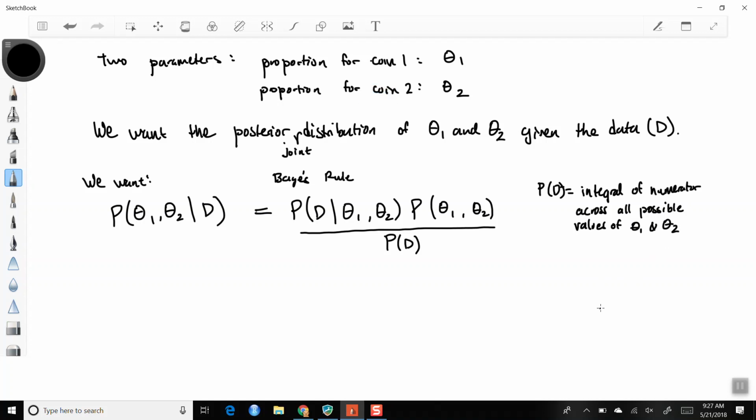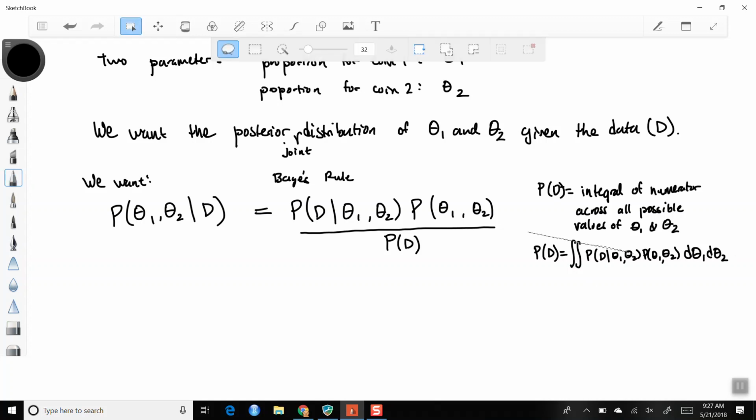So I'll put the math here. The probability of the data would be the double integral of the numerator, probability of data given theta 1 comma theta 2 times the probability of theta 1 and theta 2, over d theta 1 and d theta 2.